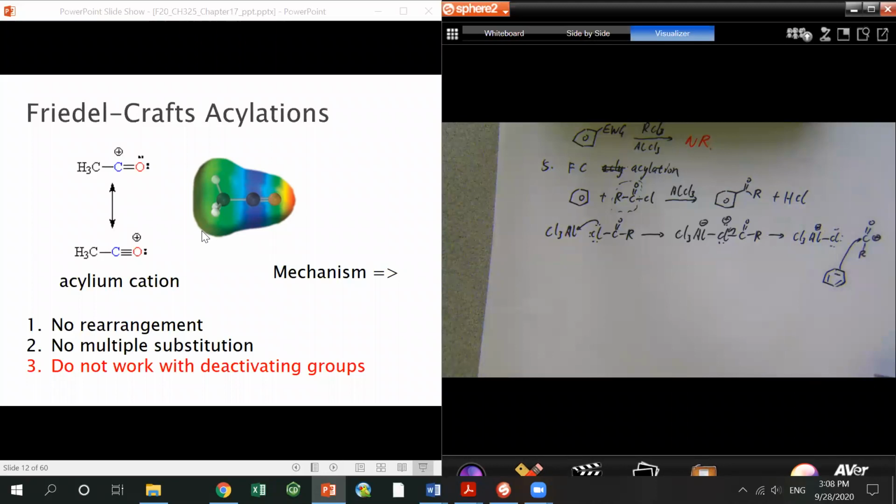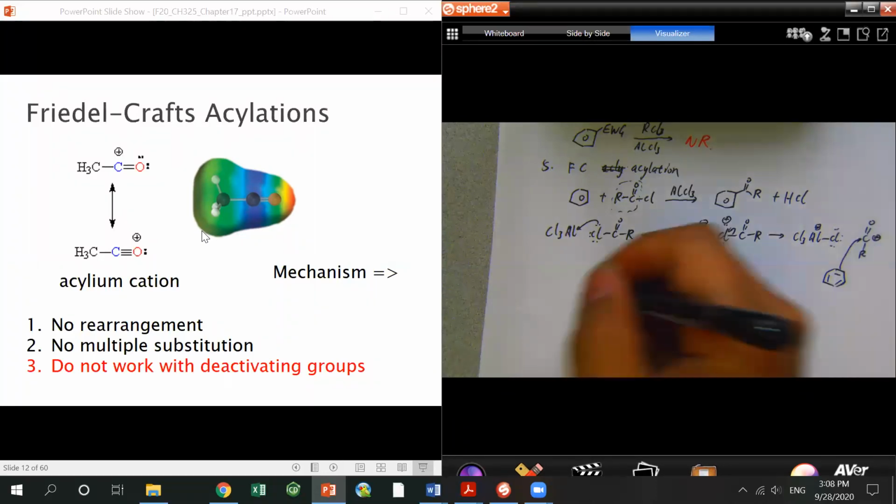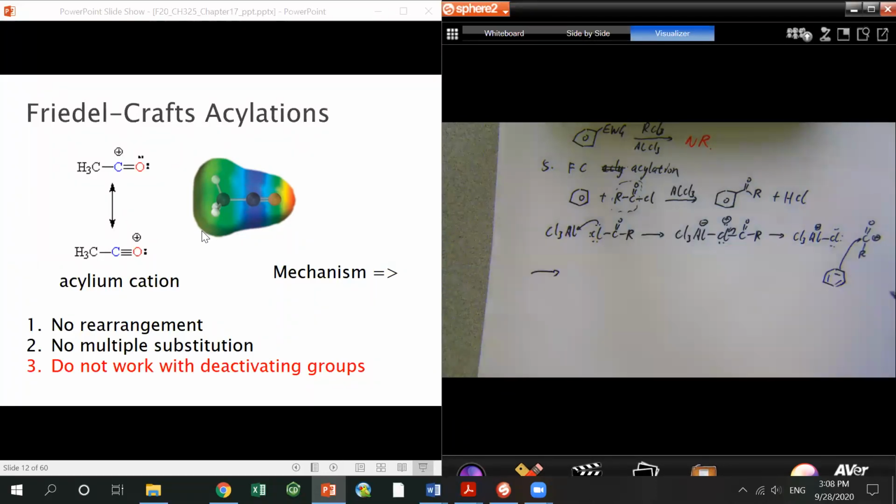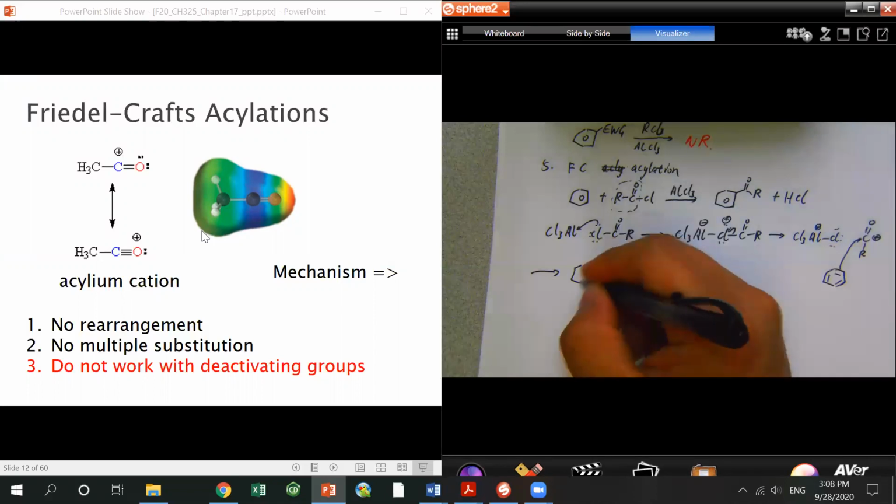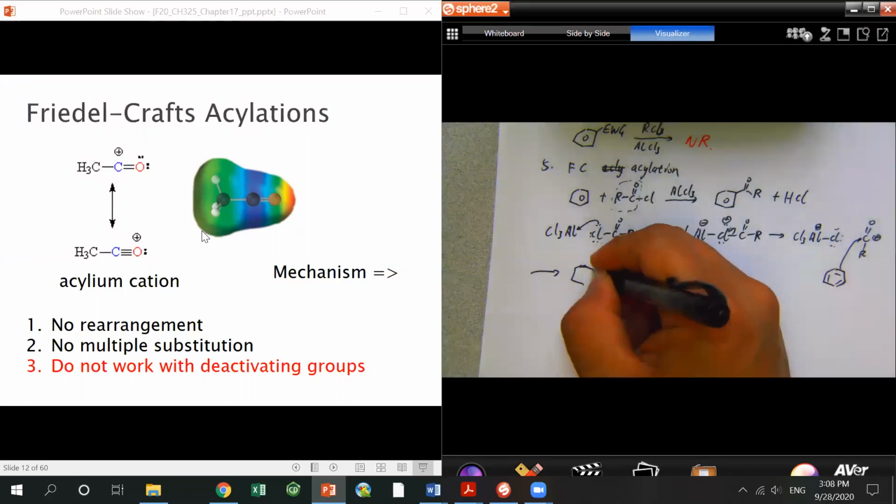The following steps are pretty similar to the other EAS reactions.